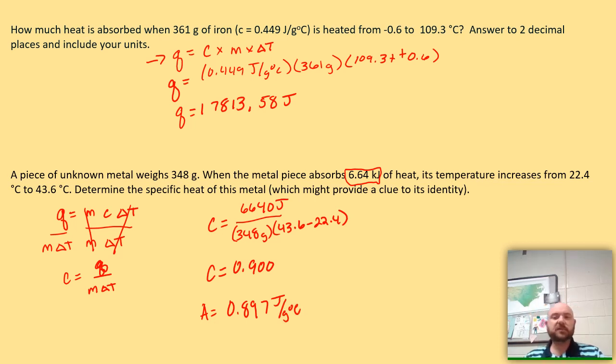And depending on the sensitivity of the instruments that we use to measure, that's probably pretty well within the error of this being a sample of aluminum. But for our specific example, the calculated value was 0.900 joules per gram degrees Celsius.